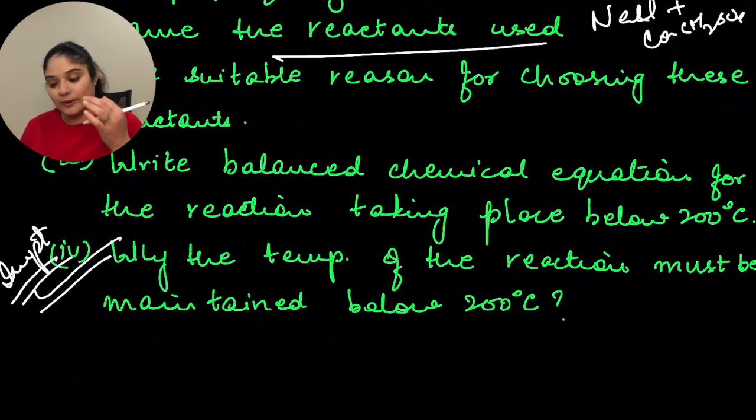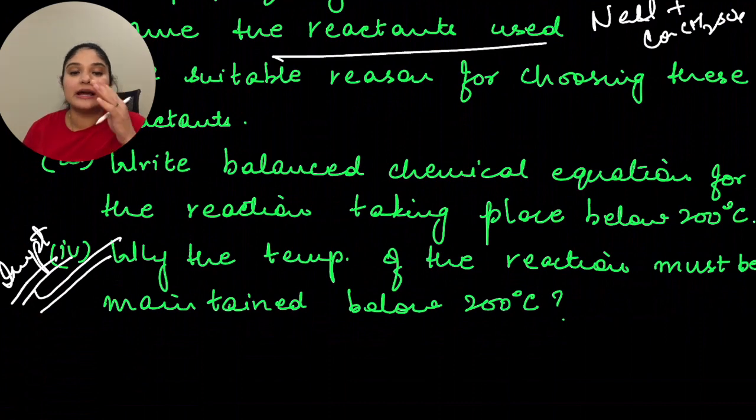Very, very important. So you have two main reasons. The first is that when the temperature goes above 200 degrees Celsius, we get a sticky compound, sodium sulfate, Na2SO4, and it sticks to the beaker and the round bottom flask.